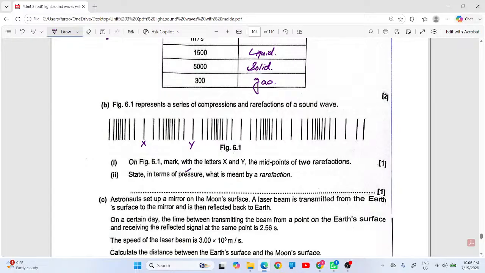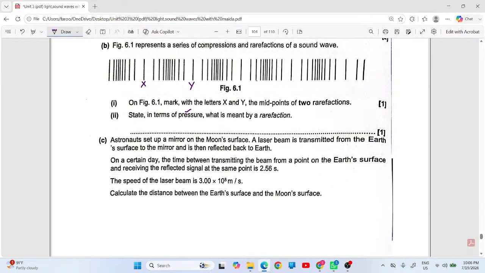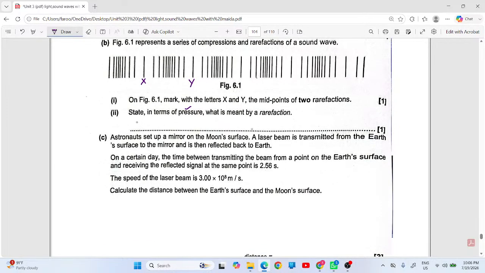Rarefaction is the region where the pressure is minimum, or low.